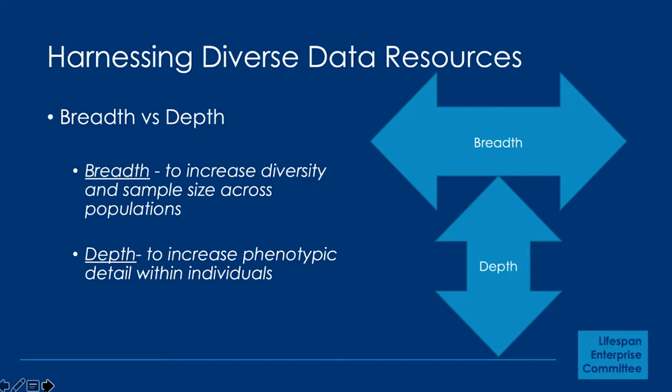But there's a new and growing trend to data linkages that Dr. Denny mentioned to really increase the depth of information we have about any individual within our population or our cohort. And so I'm going to break those two apart to talk about the how-to issues that are associated with each of those study designs.